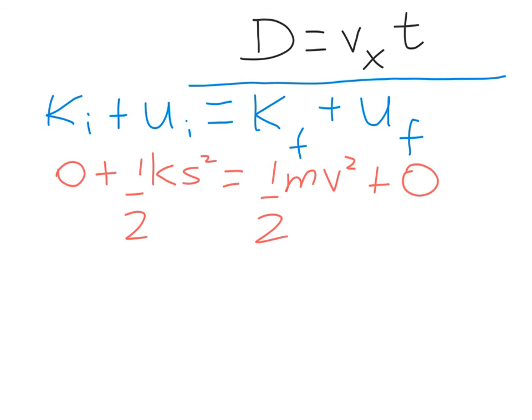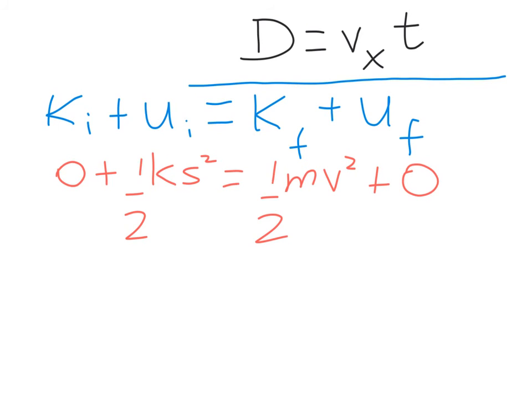So in other words, we have implicitly assumed that the level of the table is where the gravitational potential energy is zero. Or even if we don't assume that, the height of the ball is not changing during this first part of the motion, so there is no change in the gravitational potential energy.